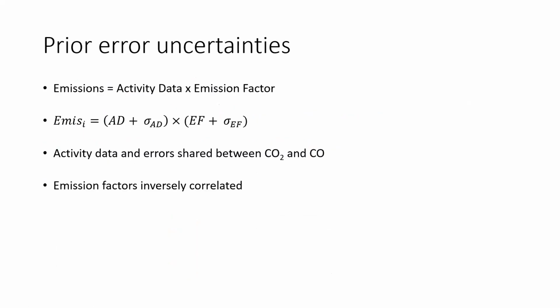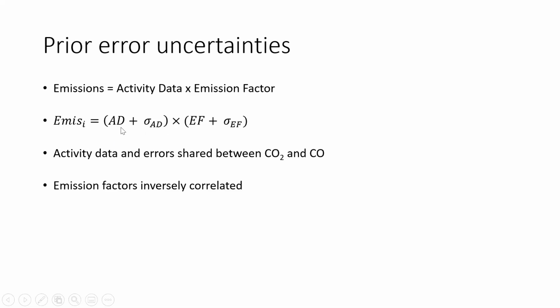So how can we calculate these correlations? Essentially we take a simple idea here that emissions are equal to some activity data multiplied by an emission factor for each sector, and you can break those sectors down as much as you like. And so the errors in the emissions are related to the errors in each of these terms.